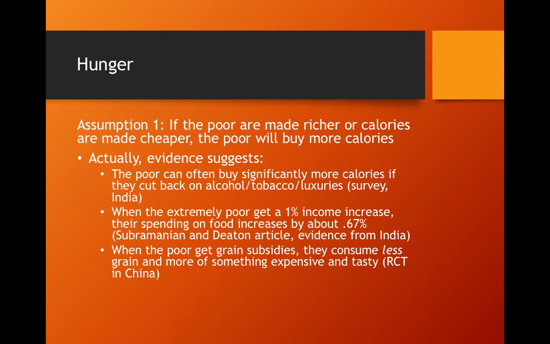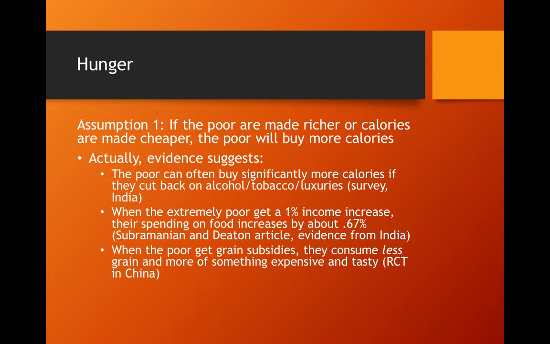We also see in the Subramanian and Deaton article, the evidence from India that you read, that when the extremely poor get a 1% income increase, their spending on food only increases by about 0.67%.